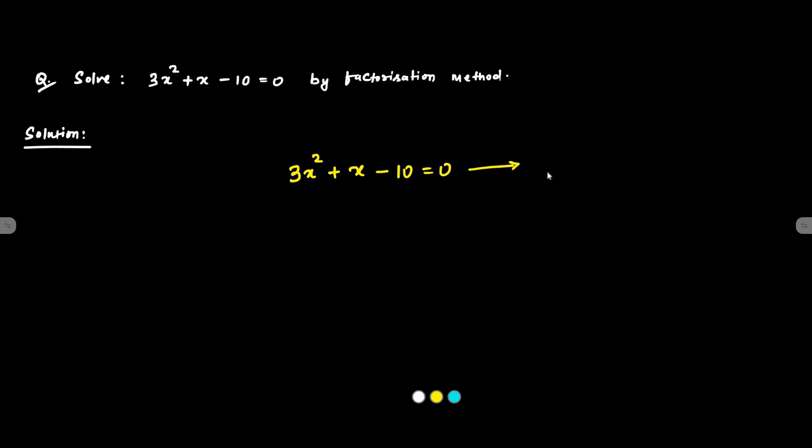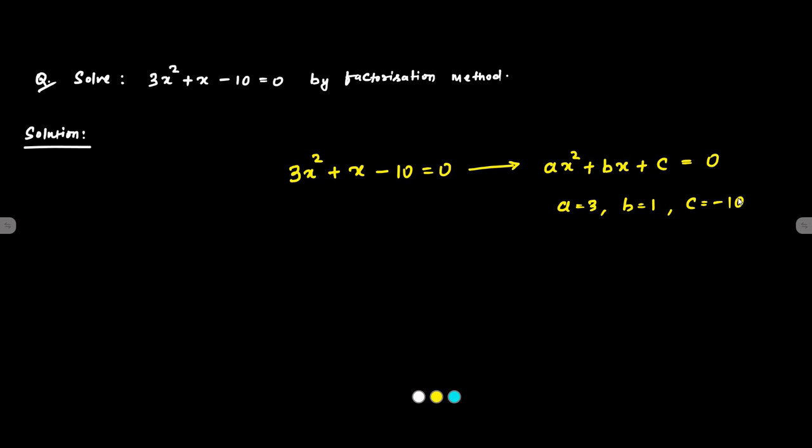Now, this is the standard format of a quadratic equation, which is ax² + bx + c = 0. Here a = 3, b = 1, c = −10.